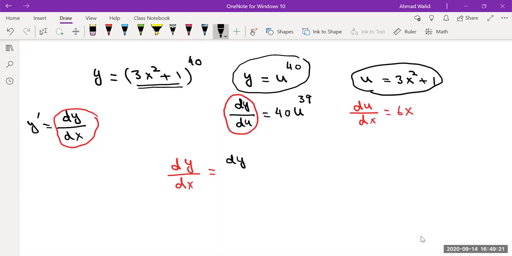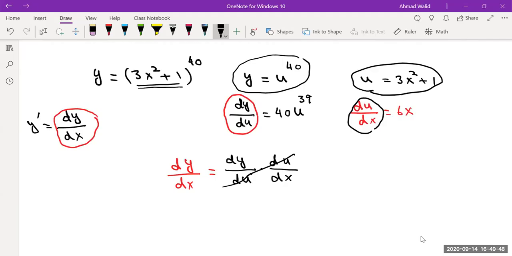I could easily find dy over du. If I multiply this one with this derivative, which is du dx, you see it gives me dy dx, because du cancels out with du. I'll end up with dy over dx.